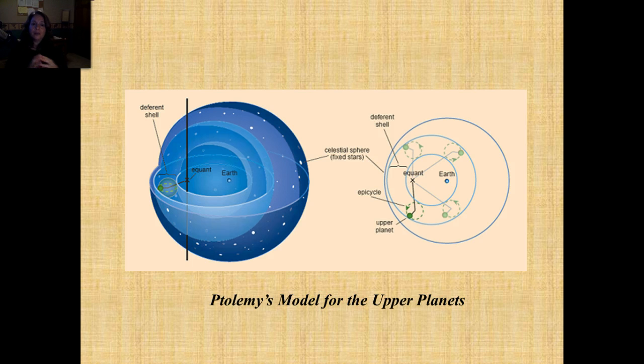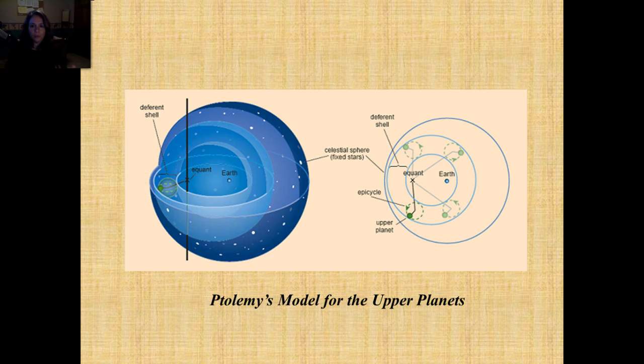He said the following: these crystalline spheres, and all the ones that carried the planets, actually revolve or rotate about not their centers, but a point off center that's called the equant.